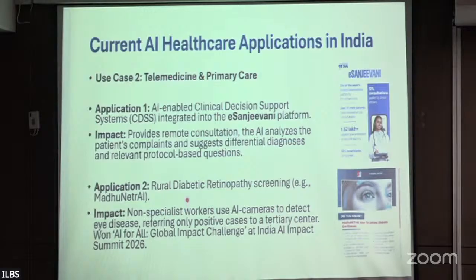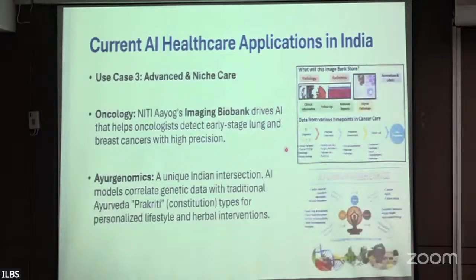Another one is Madhunetra AI that won a prize. It is a screening tool for diabetic retinopathy, and it is also remote access based. Next is the Imaging Biobank by NITI Aayog. It helps oncologists detect early stage lung and breast cancer with high precision. So images can be uploaded and the diagnostic probability is the outcome.